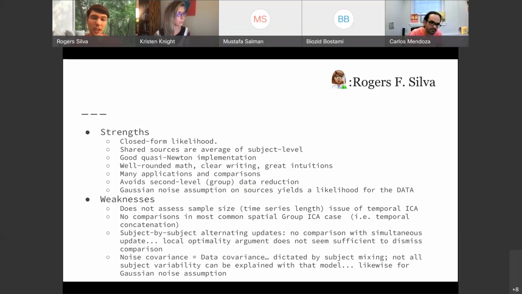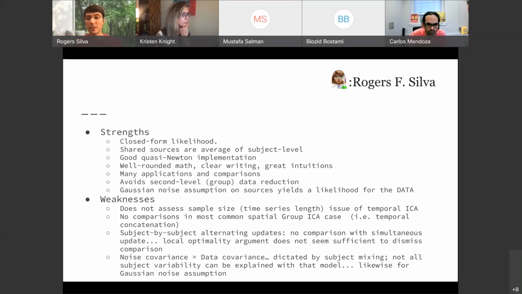The alternating update, there was some discussion that ICA is a non-convex problem. Therefore, the best we can do is find local optima. So that local optimality argument is valid and is used to justify alternating the updates subject by subject.